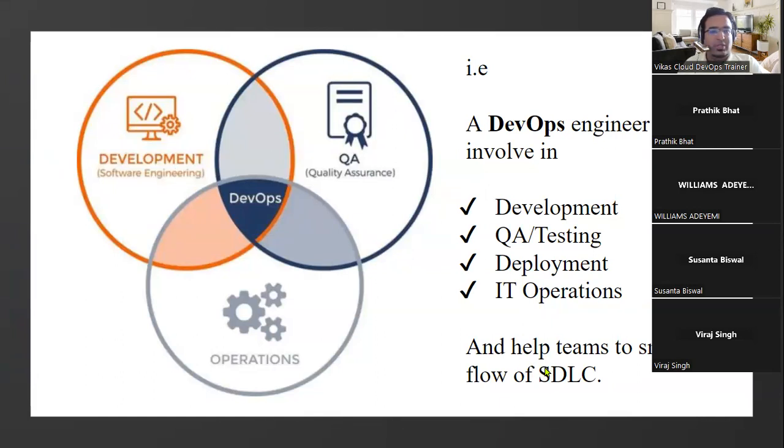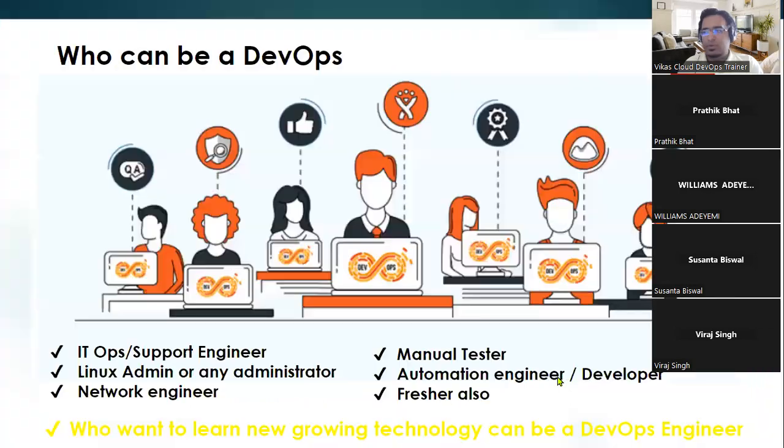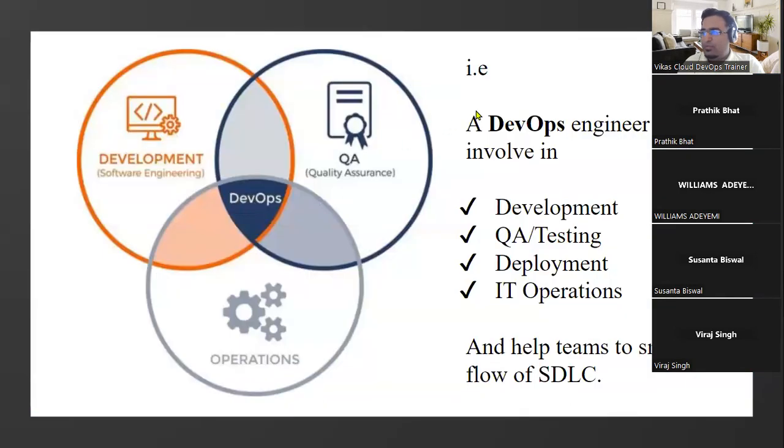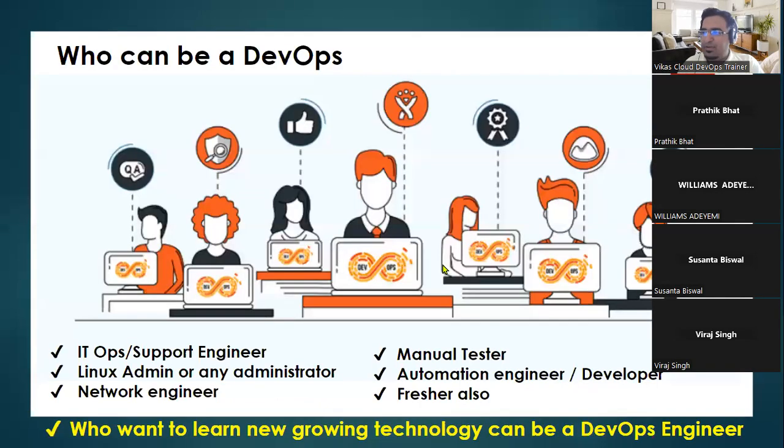That flow has to run simply, easily, and faster. That's the intention of the DevOps engineering team. So if DevOps engineers are working in other domains, definitely people from other domains can come into the DevOps profile. Hence proved, anyone can become a DevOps engineer.